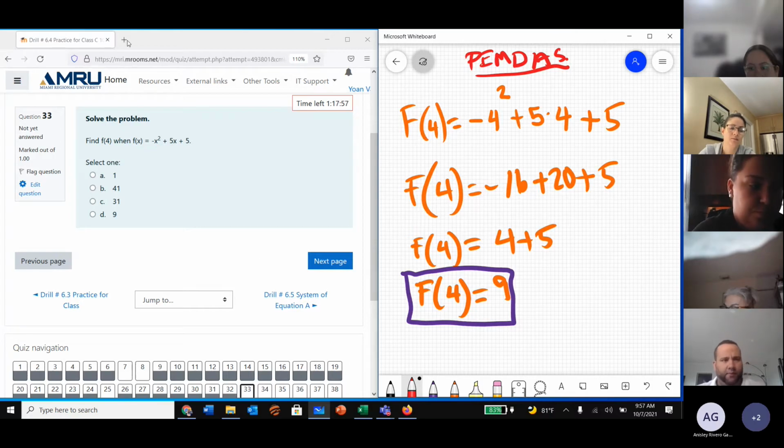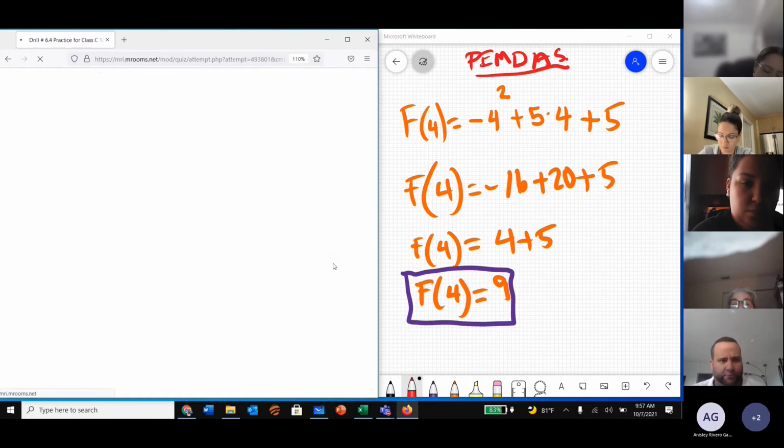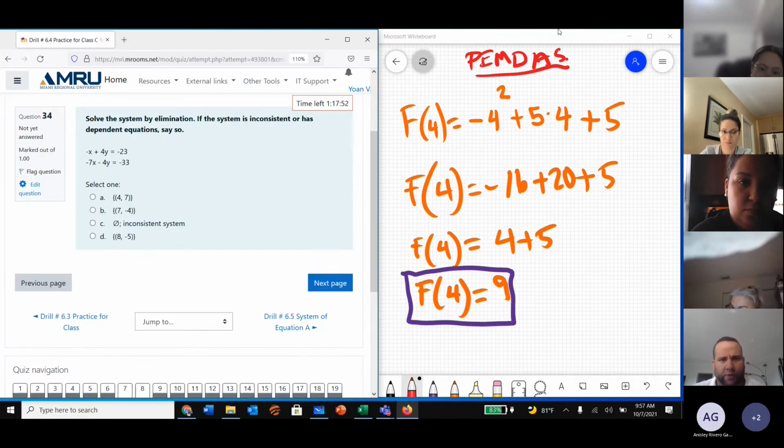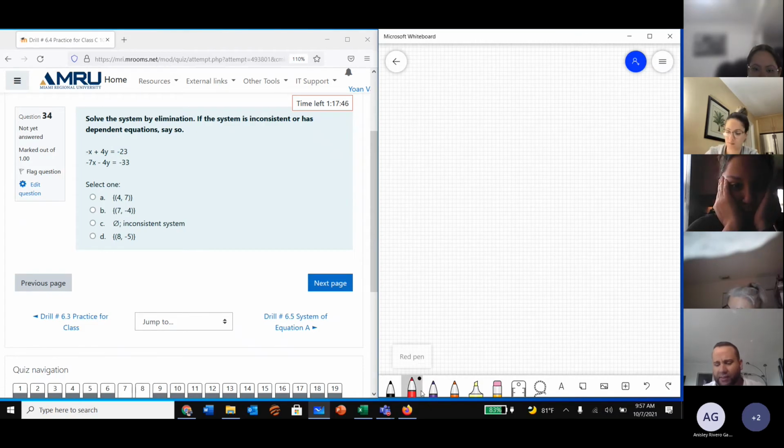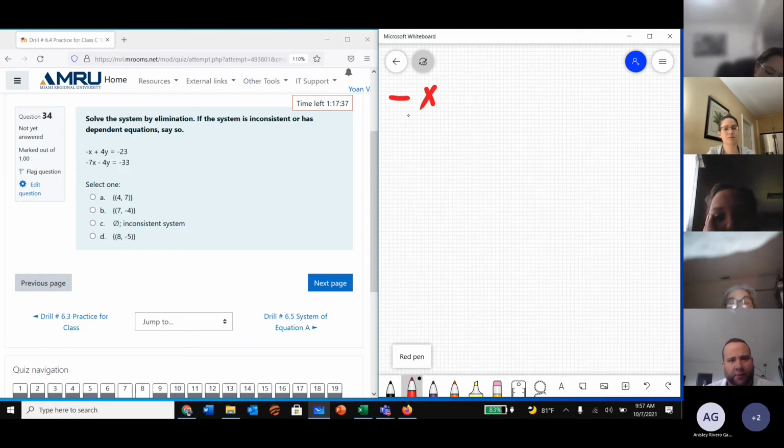Okay. Next question. We have a system of equations. Let's solve the following system of equations. We have negative x plus 4y equal negative 23.